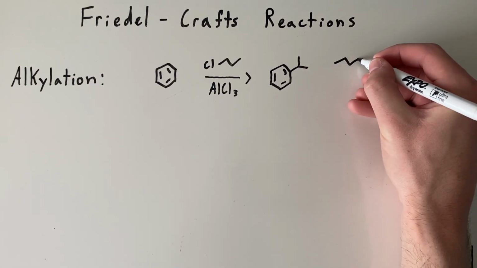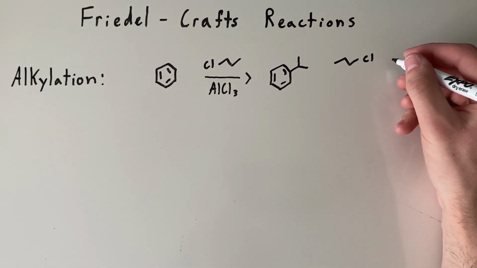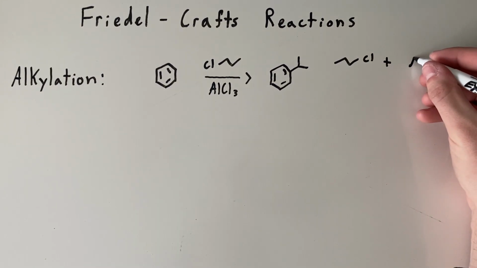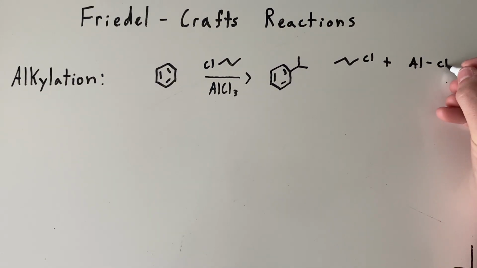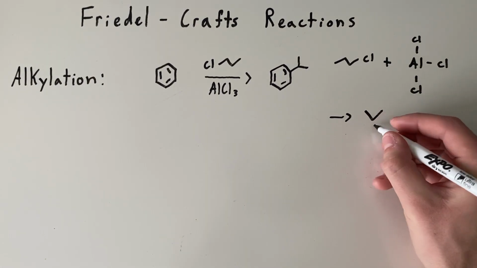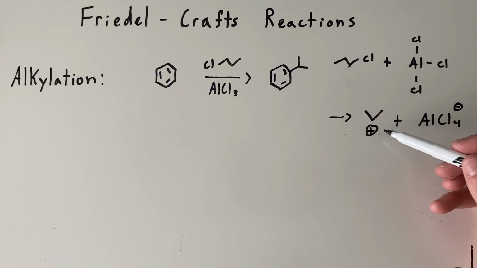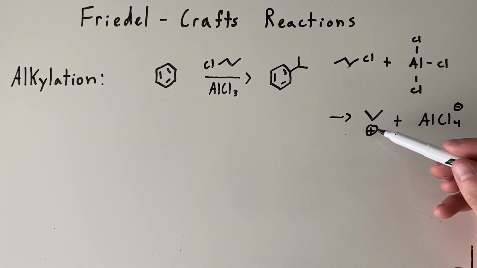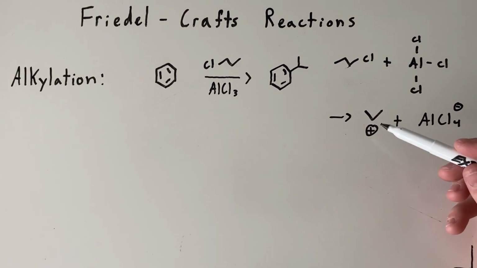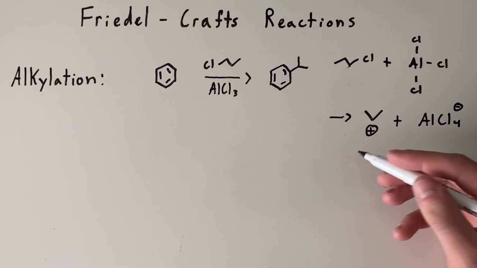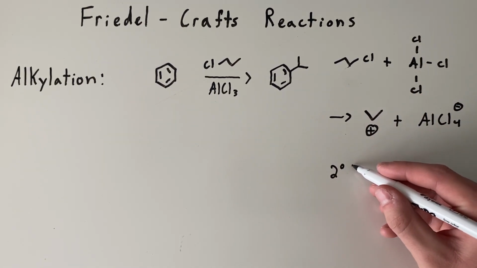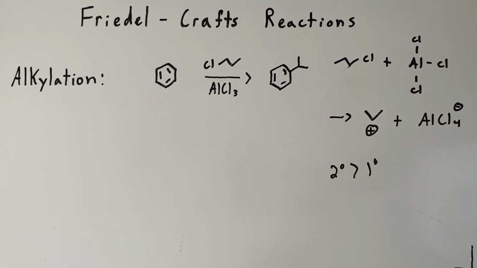So what happens is the reagent 1-chloropropane reacts with aluminum trichloride and produces a propane cation in which the positive charge is on the secondary carbon as opposed to the primary carbon, since a secondary carbocation is more stable than a primary carbocation. And aluminum trichloride just holds on to the chlorine, which gives it a negative charge.